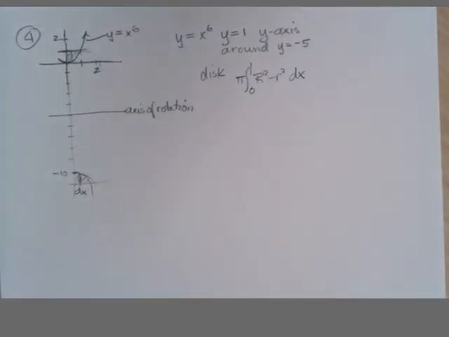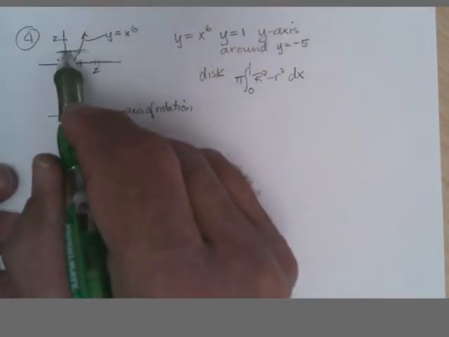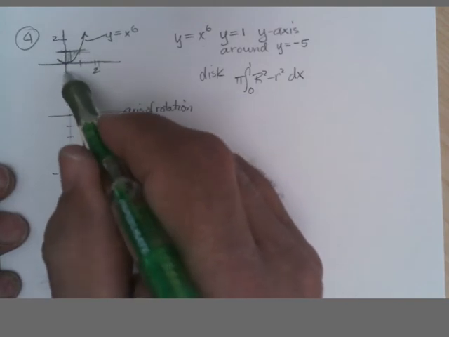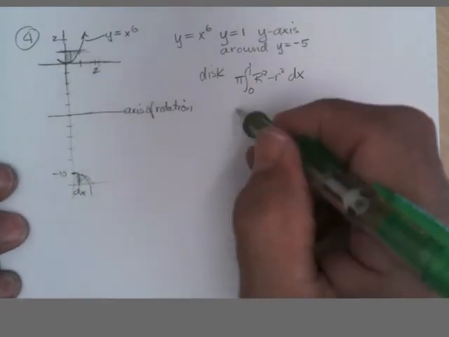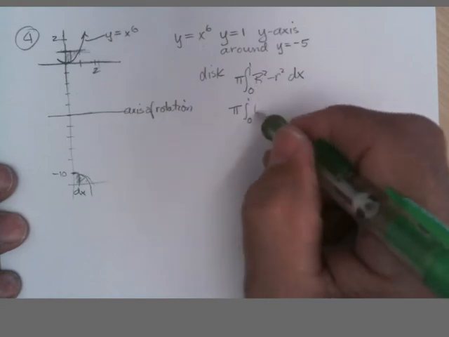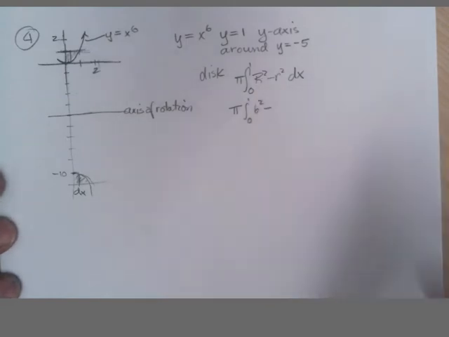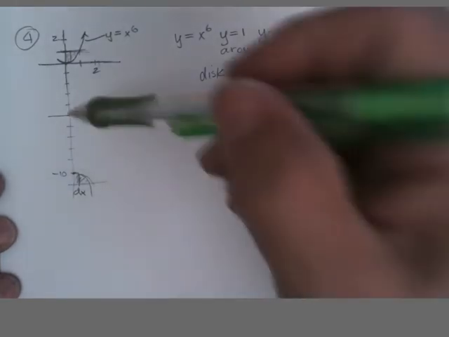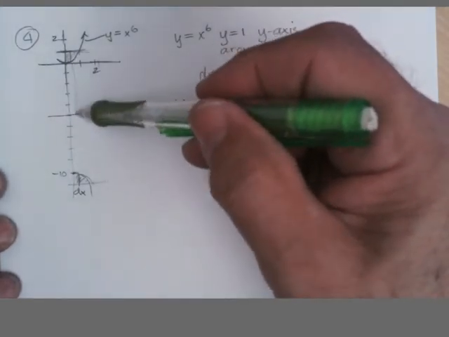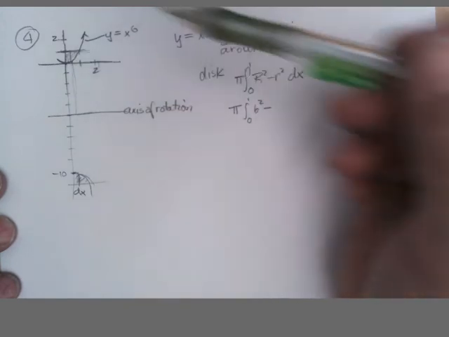So now we have to get the big radius in terms of x and the little radius in terms of x. Well, if this is the axis, the big radius is the same compared to this all the time. It's 1, 2, 3, 4, 5, 6. So it'll be pi integral 0 to 1 of 6 squared minus r squared, the little r. Now the little r, well, that would be 5 plus that little bit more height.